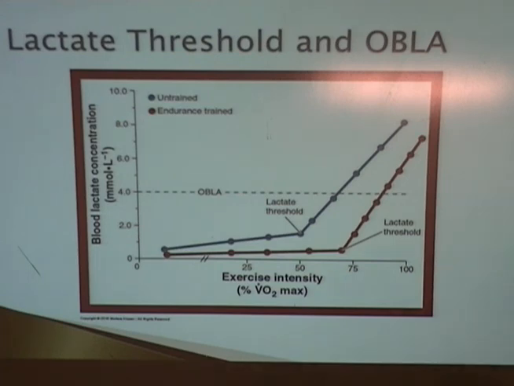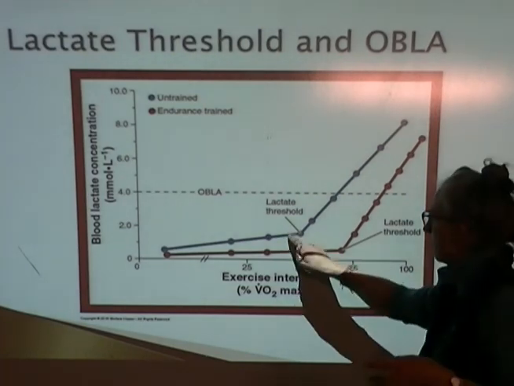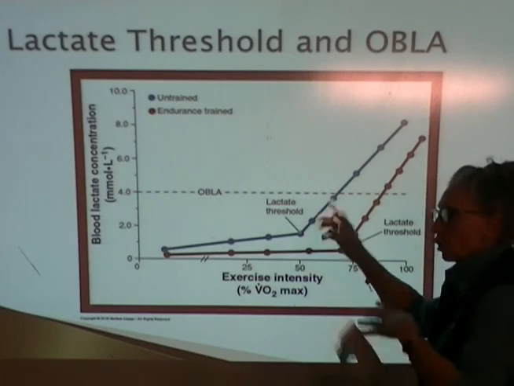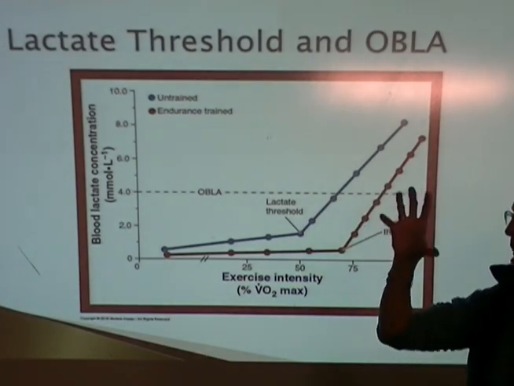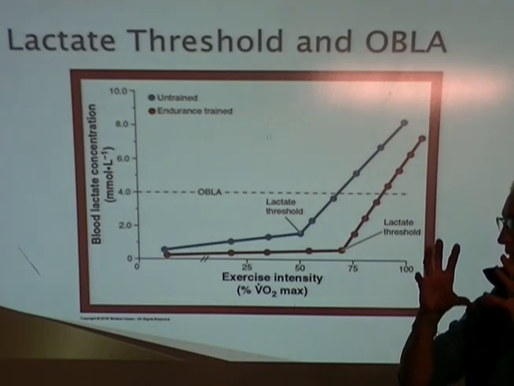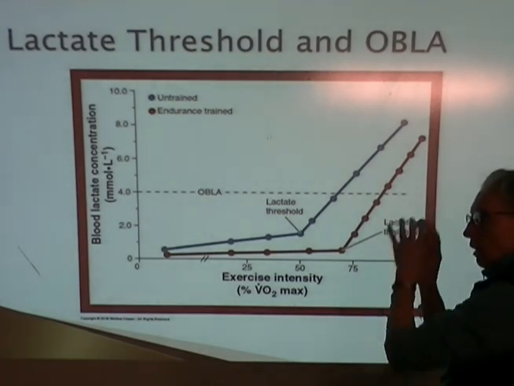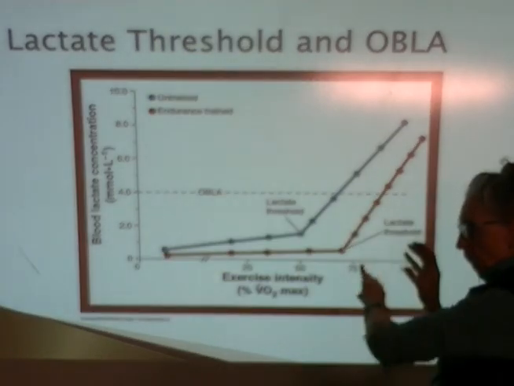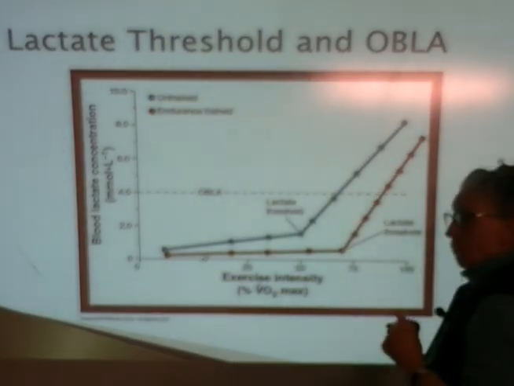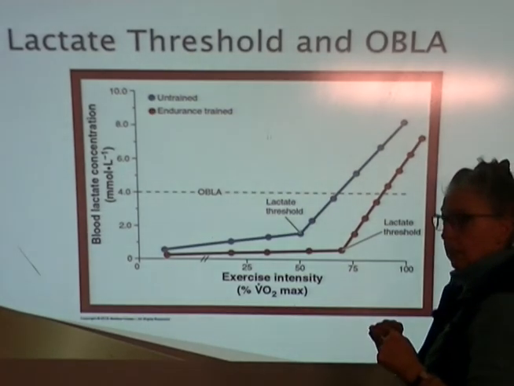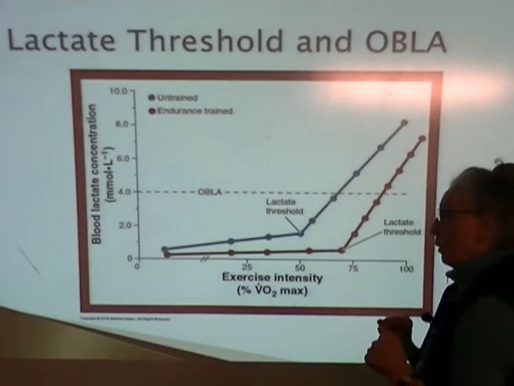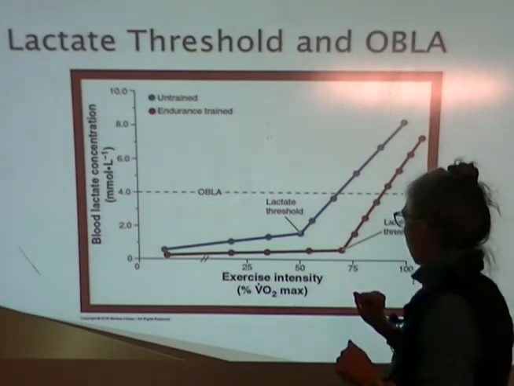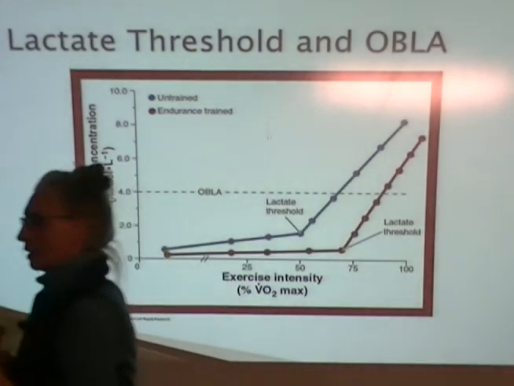It's only if I'm using glycolysis predominantly that I'm producing lactate. So the corner represents the switch from predominantly aerobic metabolism to predominantly glycolysis. And I'm going to stop there and let you think about it for a couple of days, and we will pick up and talk some more about lactate threshold on Wednesday.